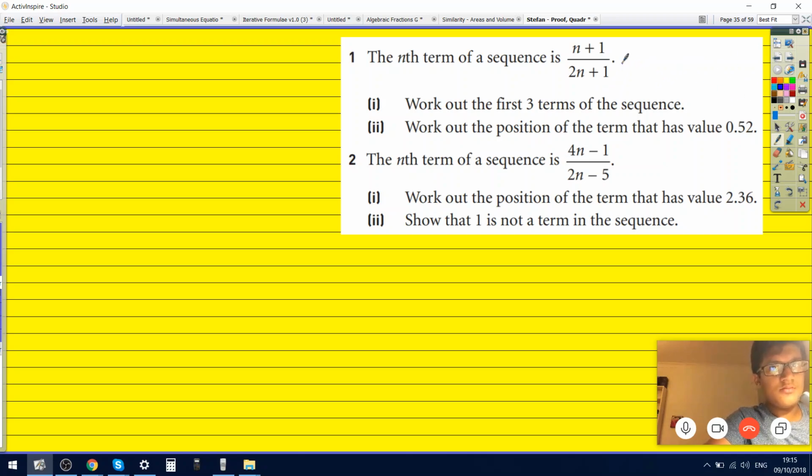So let's go back. This is a reminder from last week. How would you do question 2? The nth term is 4n minus 1 over 2n minus 5. Work out the position of the term that has a value of 2.36.